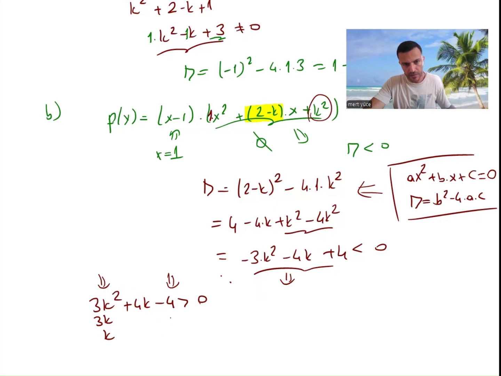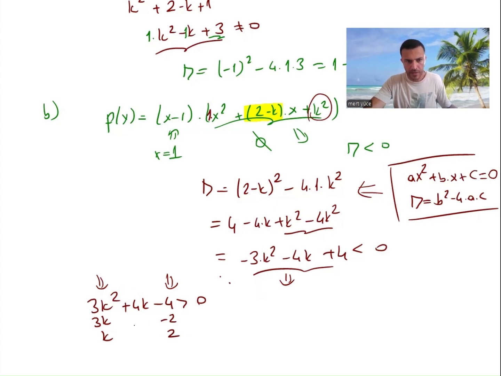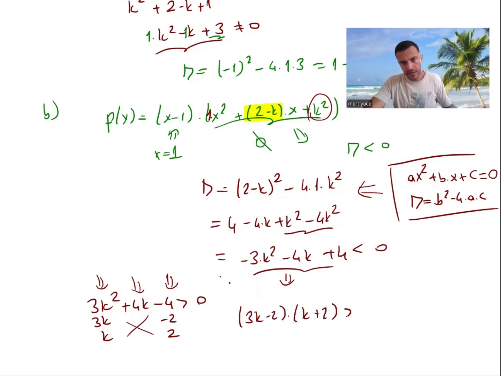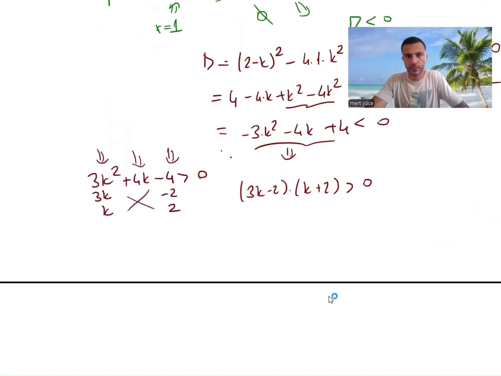Actually, we need to change the place of this minus 2 and 2, because if we make a cross product here and we add the values, it needs to be 4 times k. So if you factorize this expression, we will see 3 times k minus 2 times k plus 2 need to be greater than 0, right?